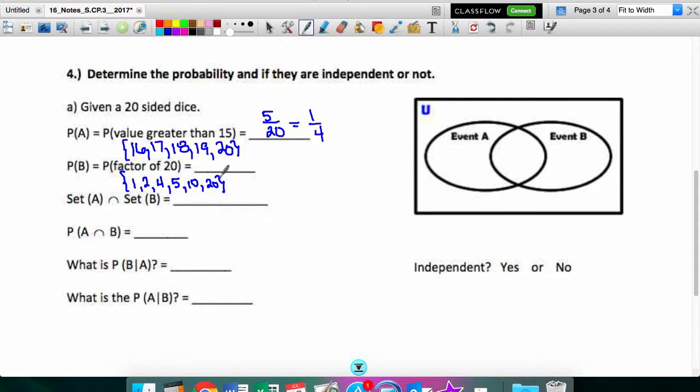So here we have 6 factors of 20. So the probability of just B is 6 out of 20, or 3/10. So these are our probabilities of A and B.